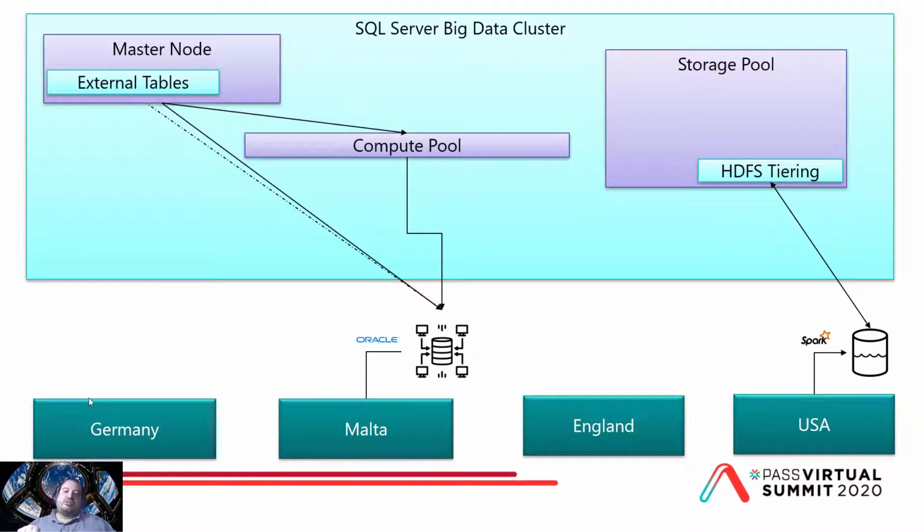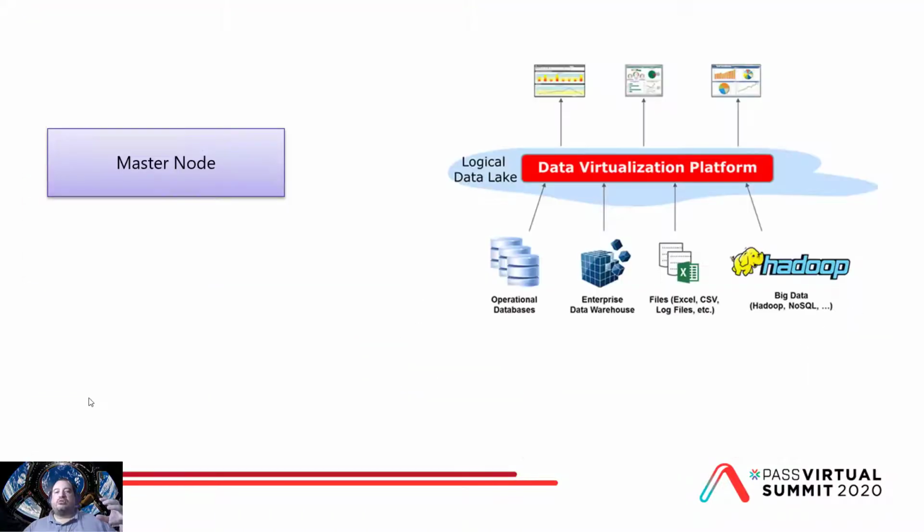We use HDFS tiering to map the external data lake environment to our HDFS storage. And if the master node wants to access our HDFS storage, it will access it through the compute pool. And that's the interesting part, how the master node will access unstructured storage.